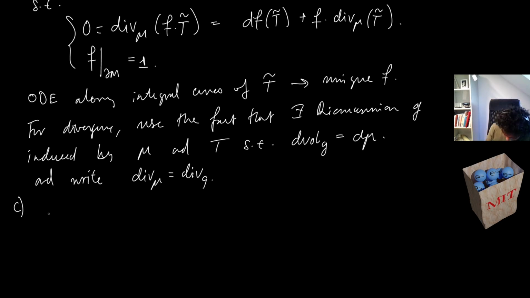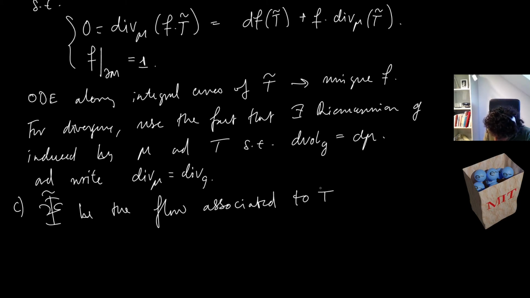Okay, so now let's take the flow. Let phi tilde be the flow associated to T tilde.